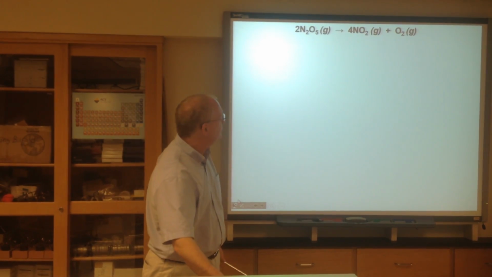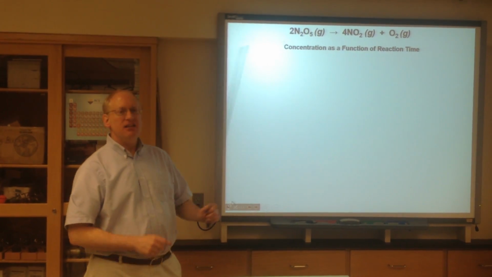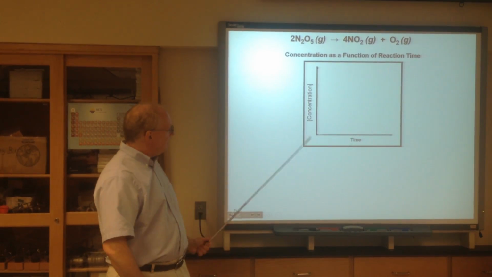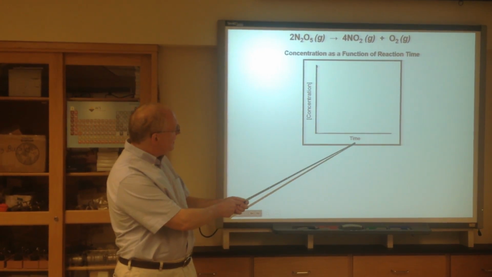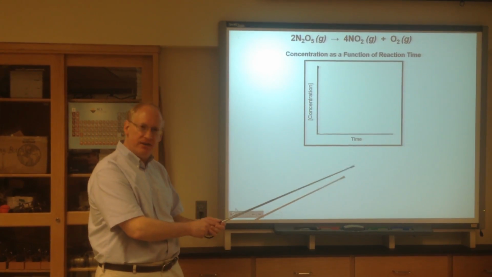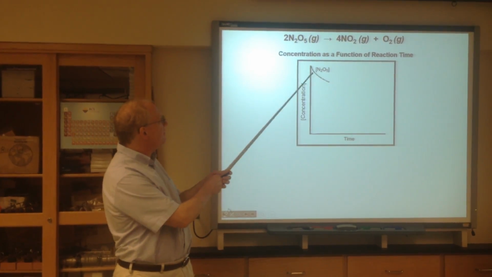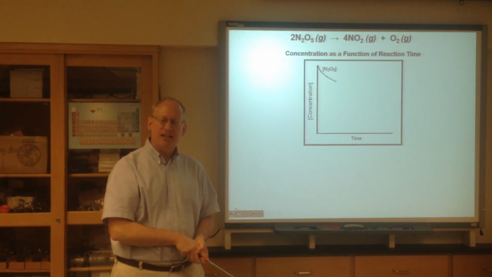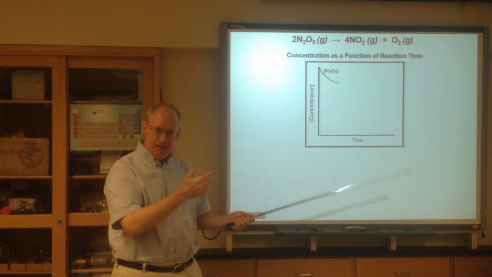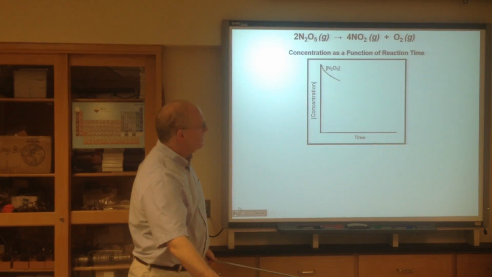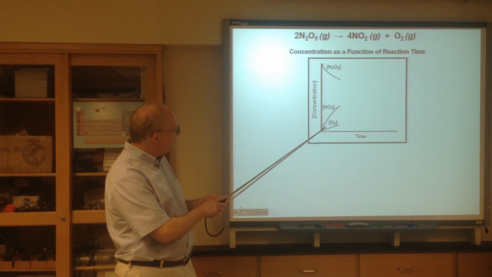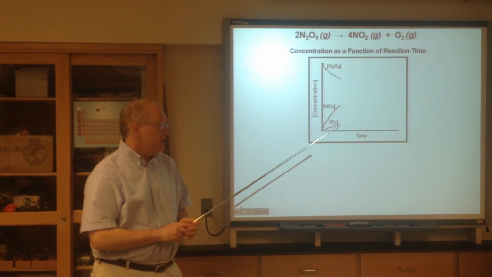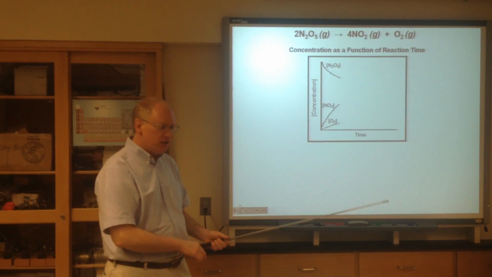And if you look at the concentrations of the various reactants and products as a function of time, plotted here with time on the x-axis and a general concentration variable on the y-axis, you'll see that the concentration of N2O5 decreases in some kind of exponential way, as we've seen for a regular reaction that goes all the way to completion. And the products start building up from 0, and the product concentrations increase with time. So far, that looks like a normal reaction.